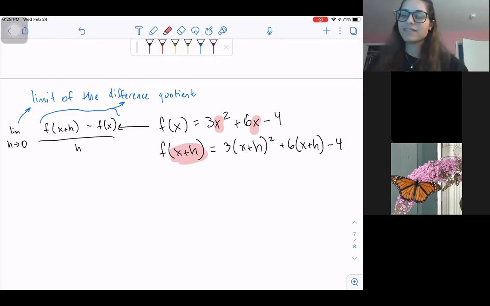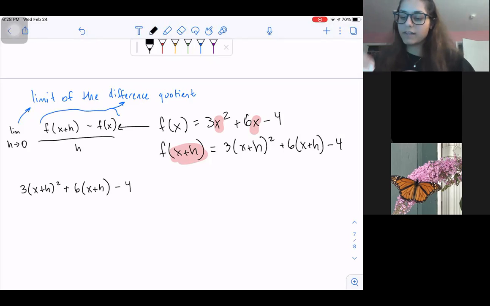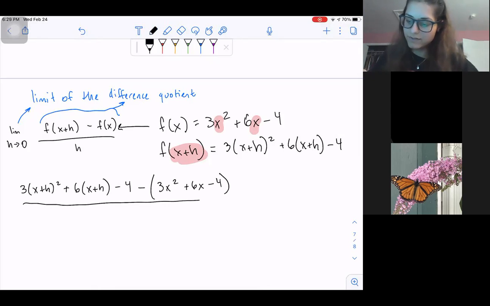All right, so we have f of x and we have f of x plus h. We're going to put them both into the difference quotient. So we'll have 3 times x plus h squared plus 6 times x plus h minus 4. All right, and then we'll have minus f of x, so parentheses, minus 3x squared plus 6x minus 4, all over h.